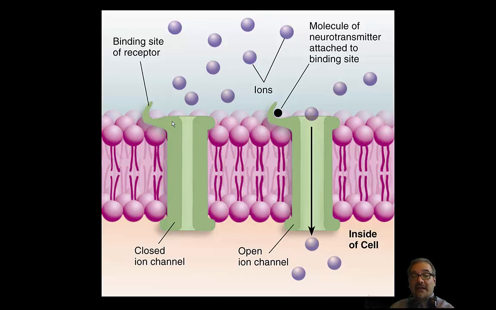These channels are, again, special channels. Unlike the sodium and potassium channels, these are ligand gated. These are not necessarily voltage gated. Some of them are voltage and ligand gated, but we're going to talk about the ionotropic channels that are basically ligand gated. This is an example of an ionotropic channel.